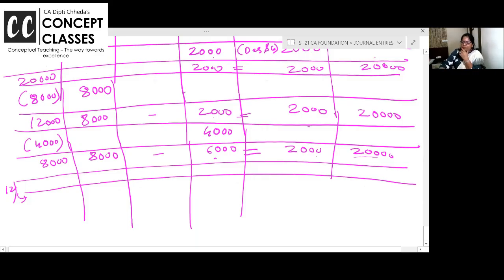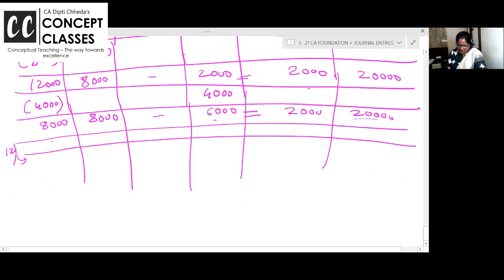Cost was 4,000. Profit was 2,000. So sold goods for 6,000. How much cash is coming in? 6,000 plus 6,000. How much stock is going out? 4,000 minus, cash is coming in 6,000. Stock is going out 4,000 and 2,000.